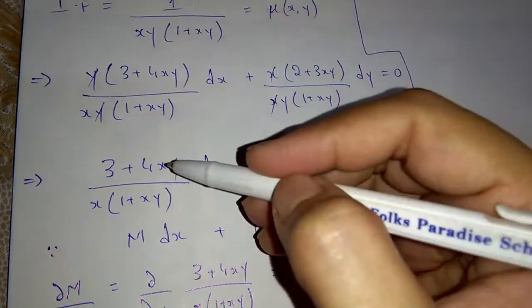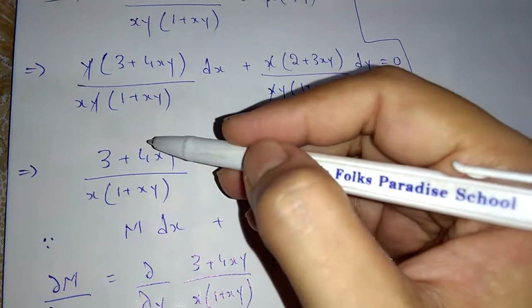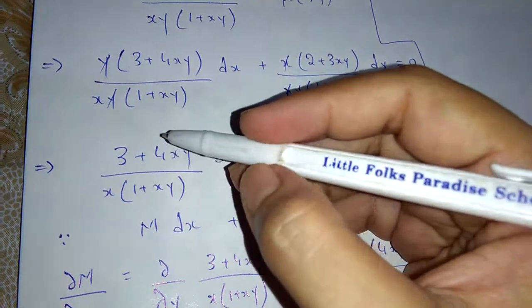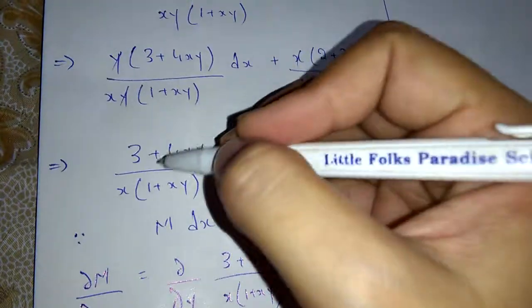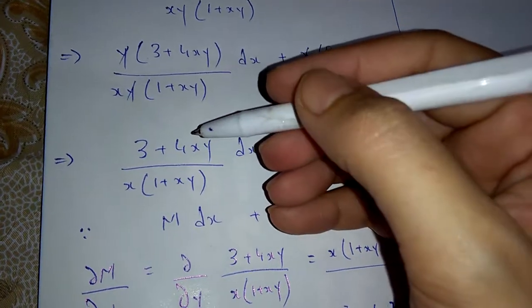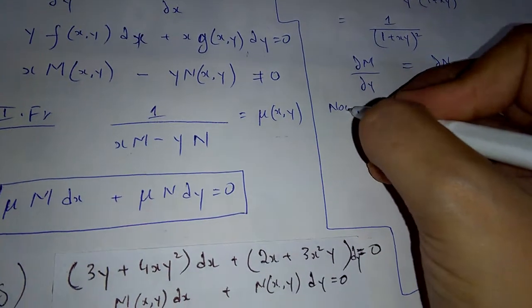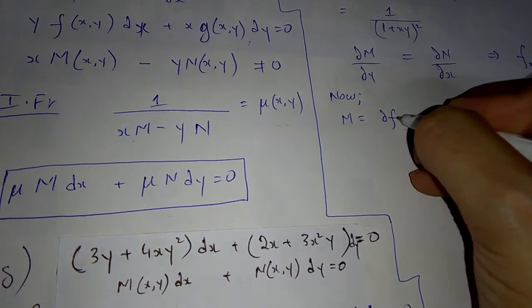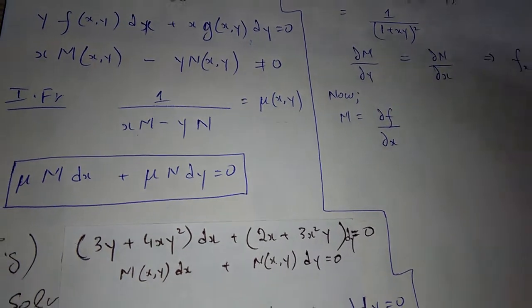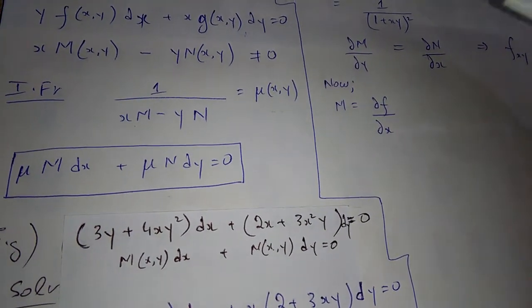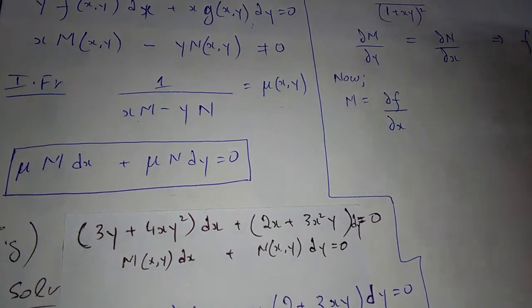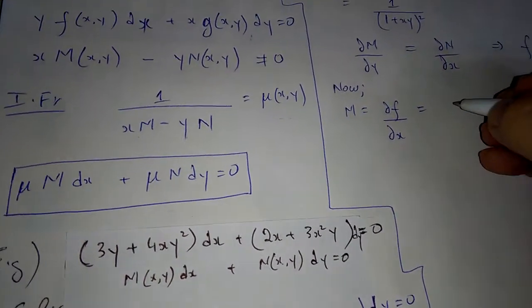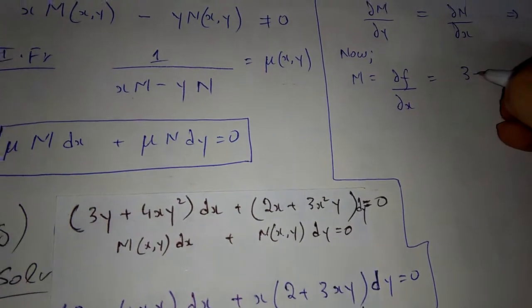So what we do, this is our f_x. So this is our M, and this is the partial derivative of f with respect to x. The same process. So this is our M, which is this. I'm going to represent my solution function as small f. So it was this.